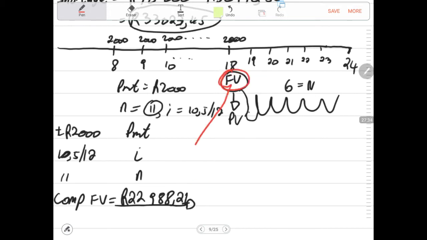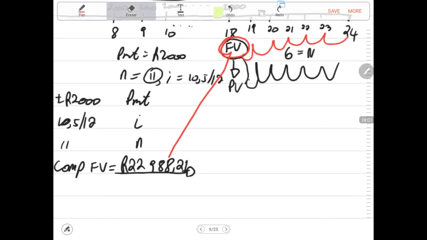The future value at the end of month 18, the future value of the monthly payments of 2,000 rands earning interest at 10.5% for 11 months. Now this future value will remain in the account, earning interest for months 19, 20, 21, 22, 23, 24. Remember, we always need to have the future value at the focal date. So this future value becomes the present value.